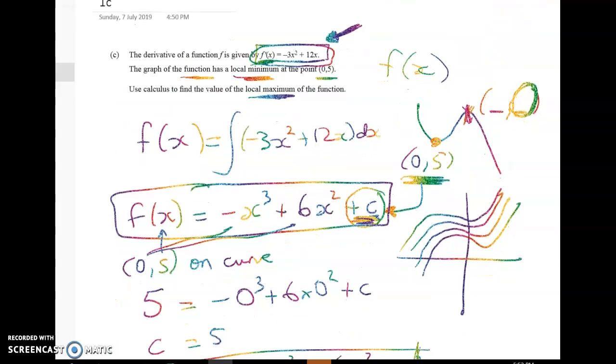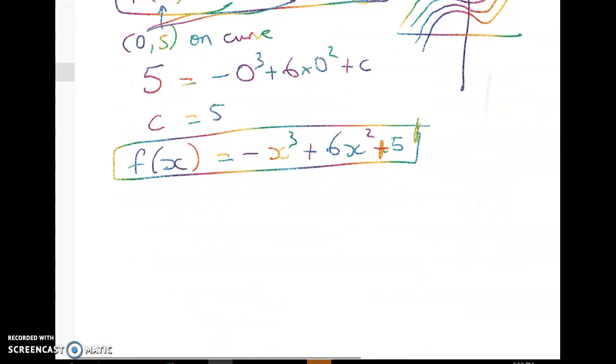Let's go back and have a look. We have to find the value of the local maximum of the function. Now we know the local minimum is at the point 0,5. We've seen informally in class already that we have a zero gradient at the turning points. So to find the local minimum and the local maximum, we take our gradient function and set it equal to 0.